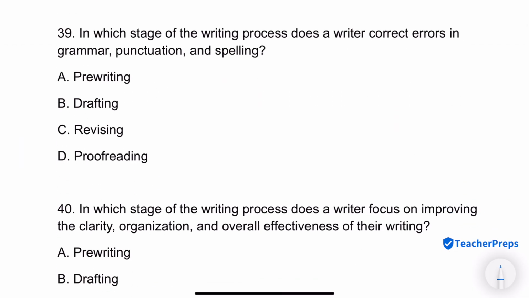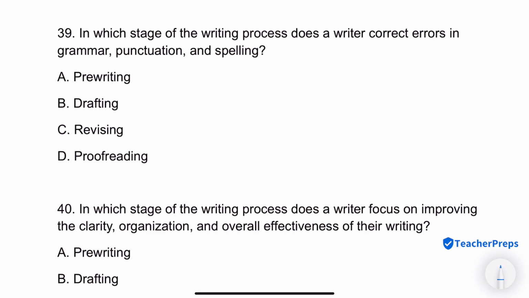All right, let's keep on going. Question number 39. In which stage of the writing process does a writer correct errors in grammar, punctuation, and spelling? So this is all about the writing process, and you will likely receive a question on test day similar to this one. So the writing process, remember that these are steps when a student writes.